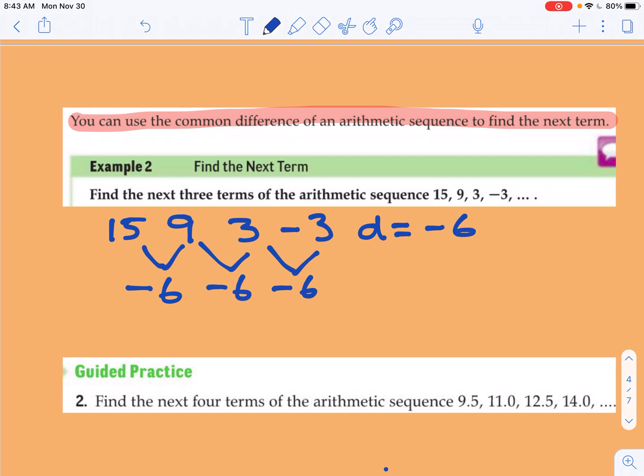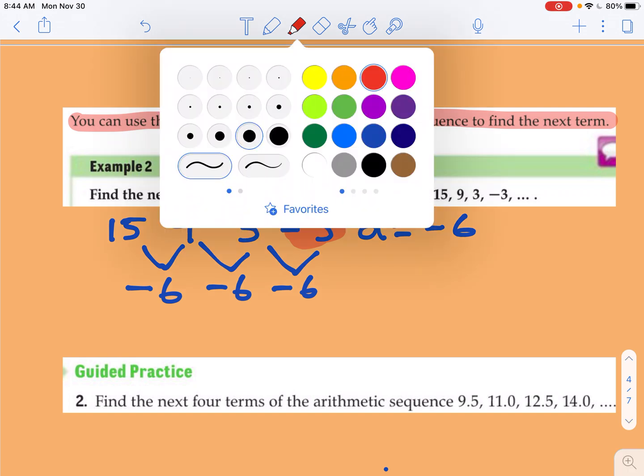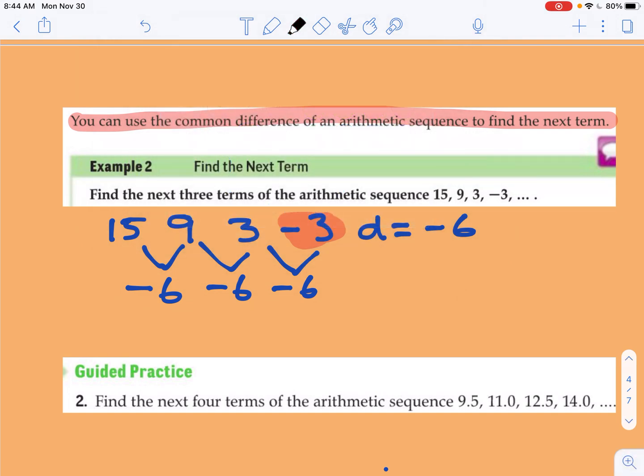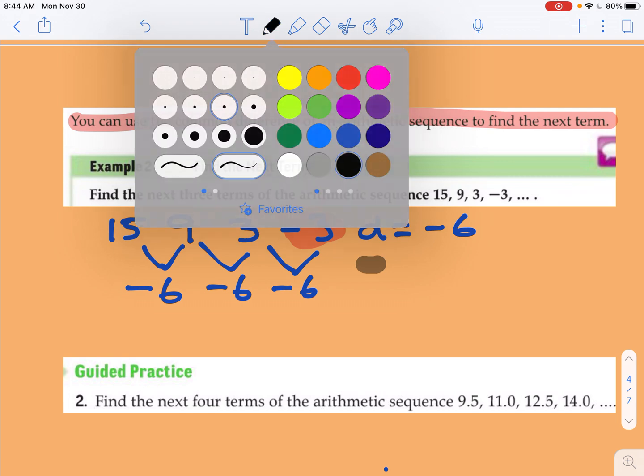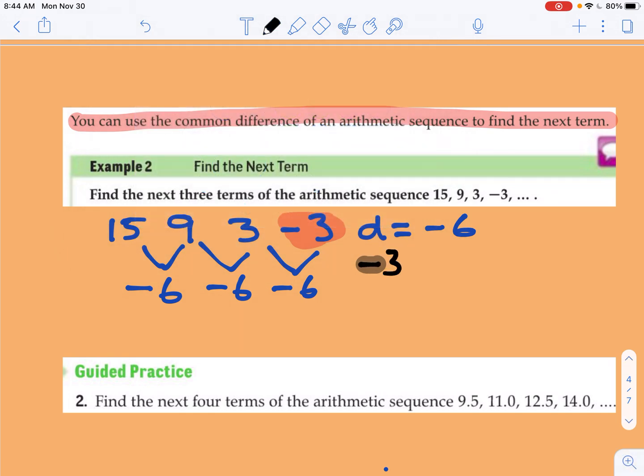So if I'm going to continue to use that, I'm going to start with this next term right here, and I'm going to carry that out another 3 times to see what we get. So basically, all you would do is take negative 3, and then add our common difference, negative 6, to it.